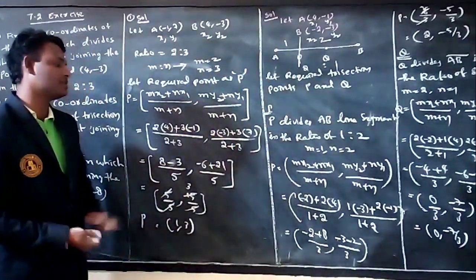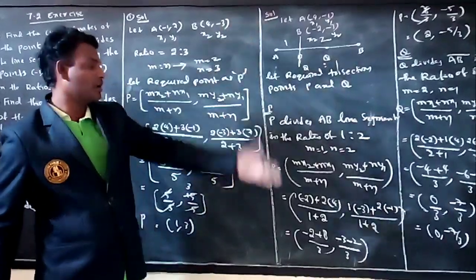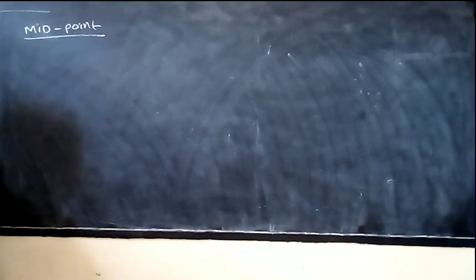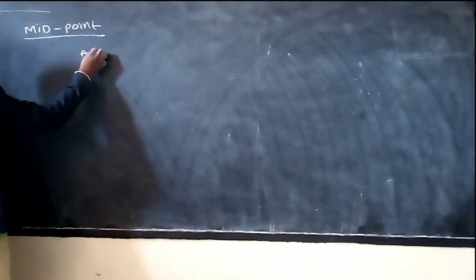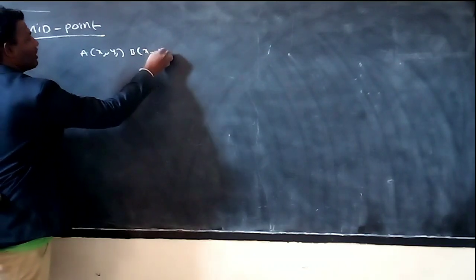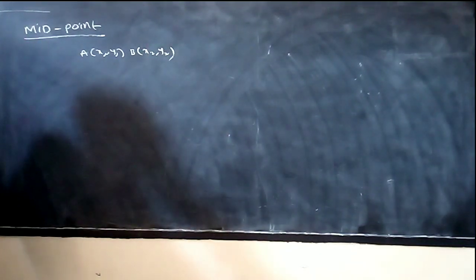So the required points: P is 2 comma minus 5 by 3, Q is 0 comma minus 7 by 3. Now, the midpoint formula. What is the formula to find the midpoint? Let A (x1, y1) and B (x2, y2) be the two coordinates.